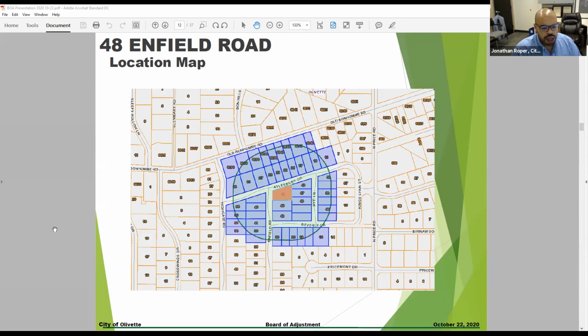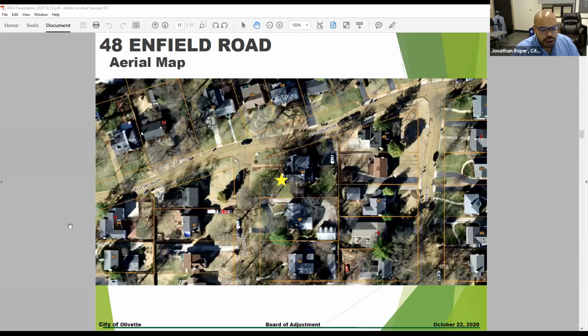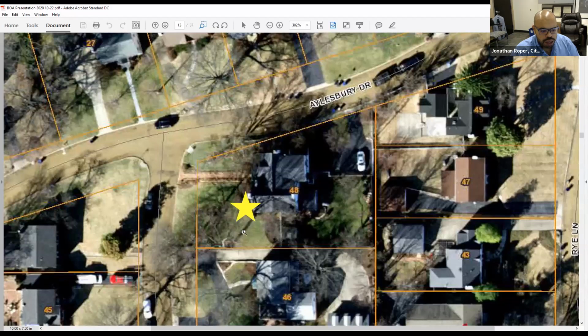This is the location map. So this is the Chevy Chase subdivision that you see before you, where you have, everyone should know, Old Bottom Road and Price Road there. So it's just in the southwest quadrant there. Next slide, please. And this is the aerial map with 48 Enfield, where you can see Aylesbury going to the north there, and Enfield Road to the left of that star there.